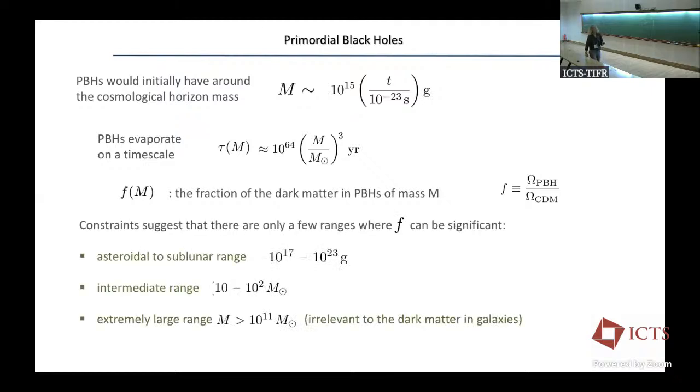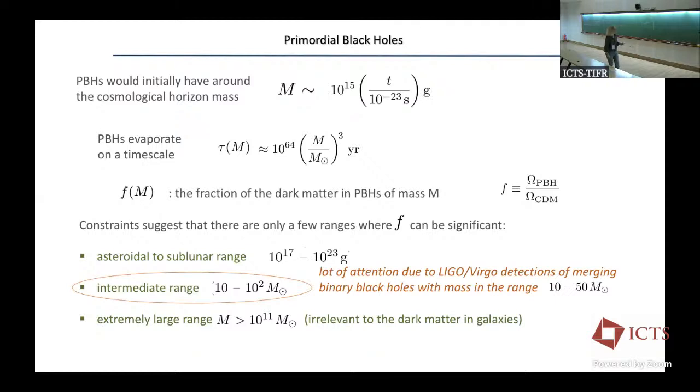These are the typical types of primordial black holes that could still be unconstrained from the data: asteroidal to sublunar range, intermediate range, and extremely large range, which are irrelevant for dark matter. And what gets a lot of interest is that if you have between 10 and 100 solar masses, then it could be the ones that we study from LIGO.